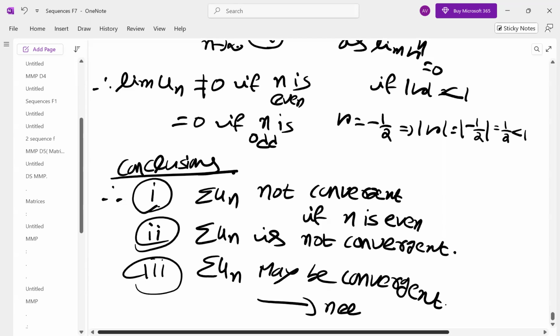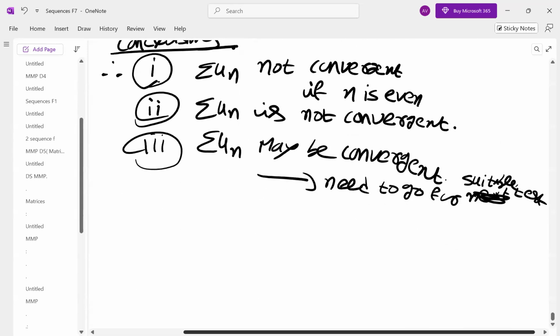Go for the next test, any one of the suitable tests. Then only we can conclude. Okay, so this is how we will solve the questions based on this. Try to work out questions based on this from previous papers.